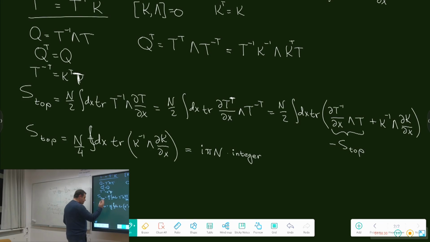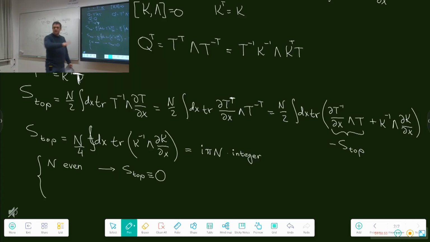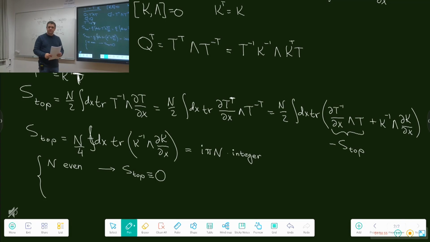So we conclude that there are exactly two cases. If the number n is even, if we have an even number of channels, this is 2 pi i, and then the topological term indeed is identically 0, and we don't need to consider it.